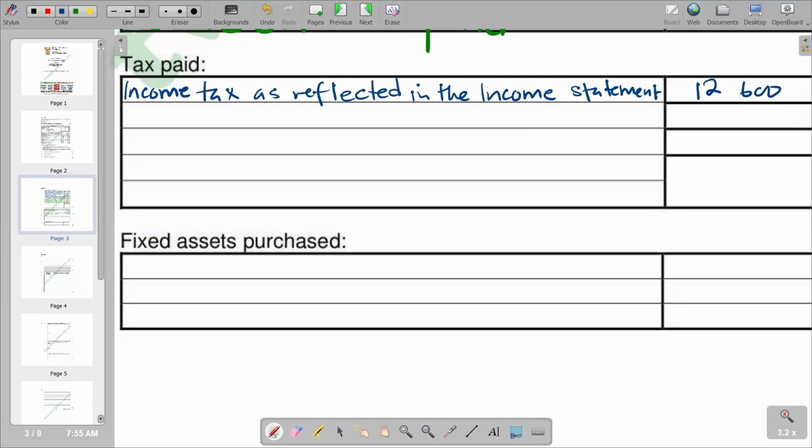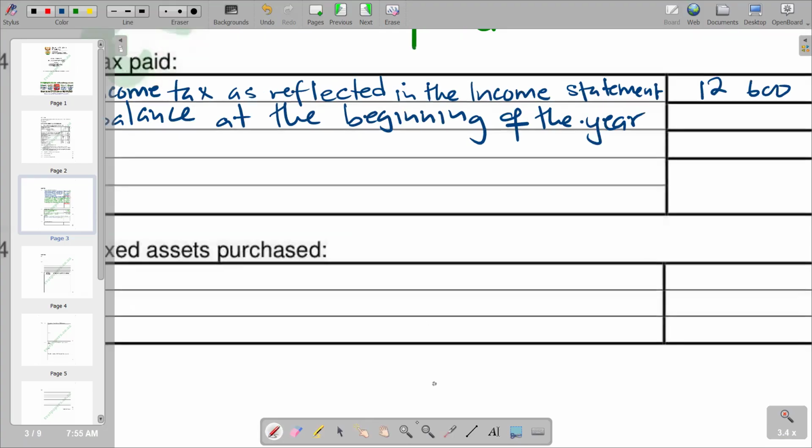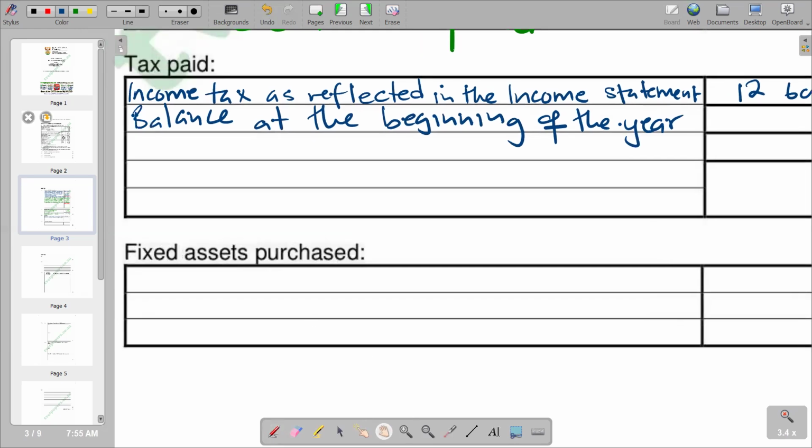And then from there, we can check the balance at the beginning of the year. We go back again to see what we have.